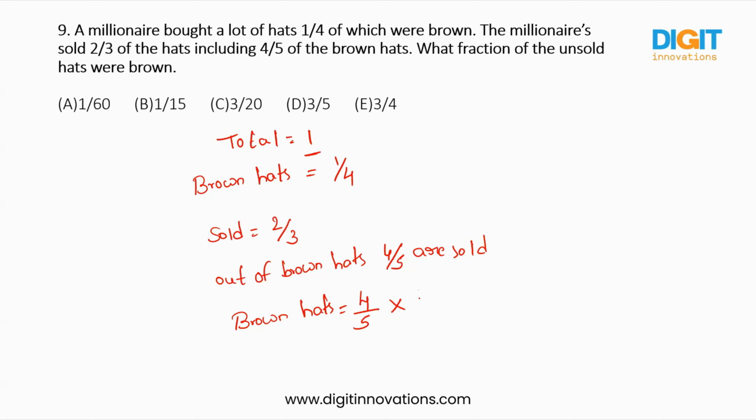So we already know 4/5 of the sold hats are brown. How many brown hats got sold? 4/5 of 1/4. Then you will get the value, which is 1/5.